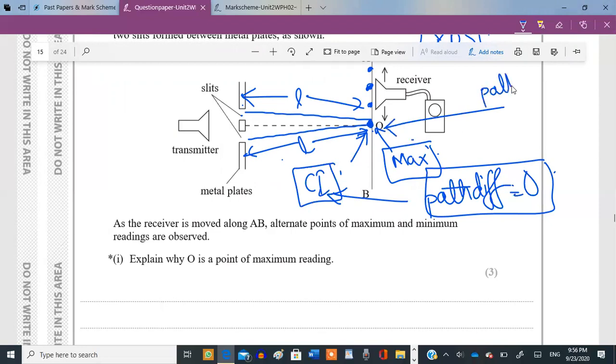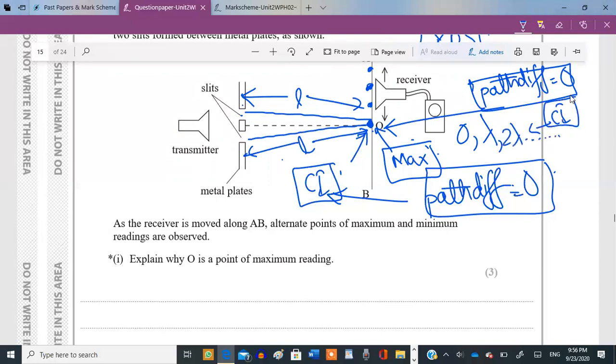The path difference will become 0, the difference between the two paths. And whenever the path difference is either 0 or lambda or 2 lambda or 3 lambda and so on, you get constructive interference. Okay, that's why you get maxima. Got it? I'll write down the answer.